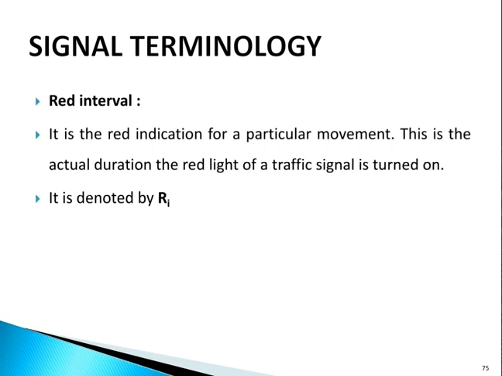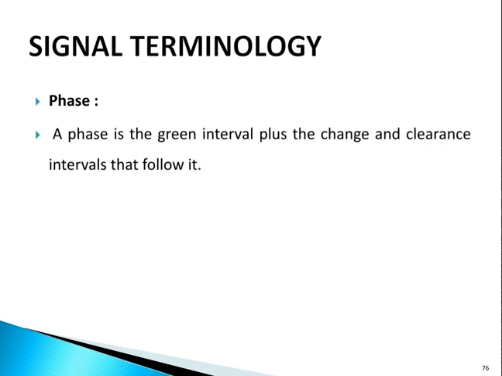This is the actual duration the red light of a traffic signal is turned on, and it is denoted by RI. Next is phase. A phase is the green interval plus the change and clearance interval that follow it.